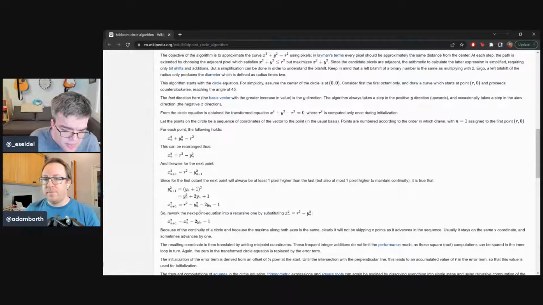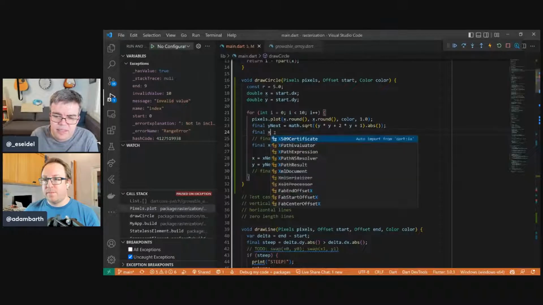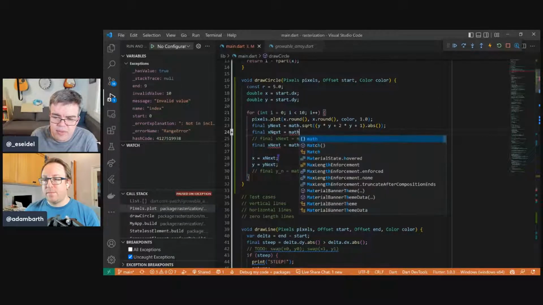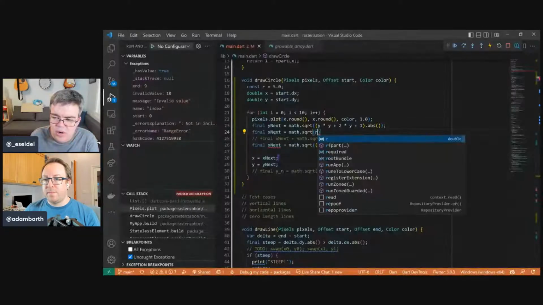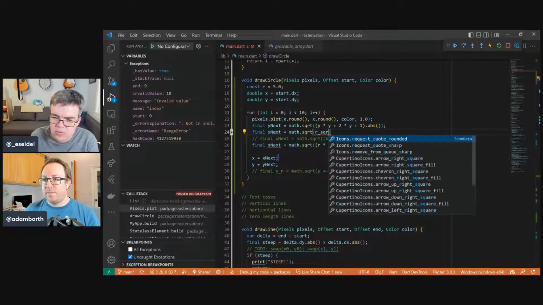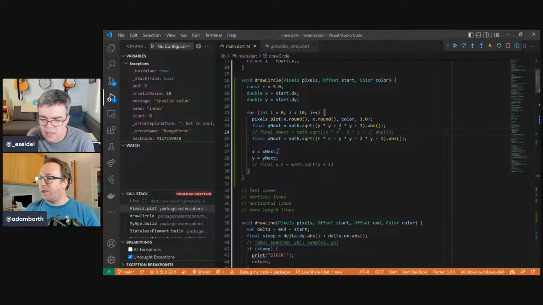I know x next is equal to the square root of r times r. Oh, I see. You're doing it a slightly different way, but I like the way you're doing it. Let's keep doing it that way.